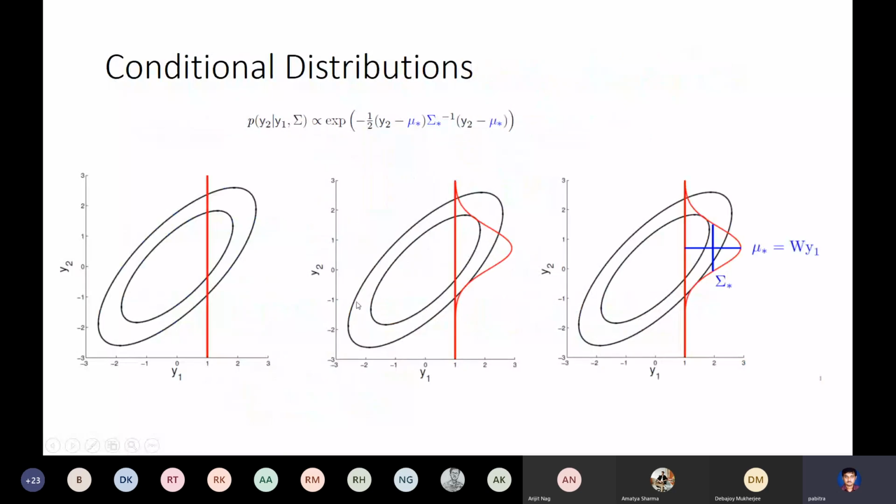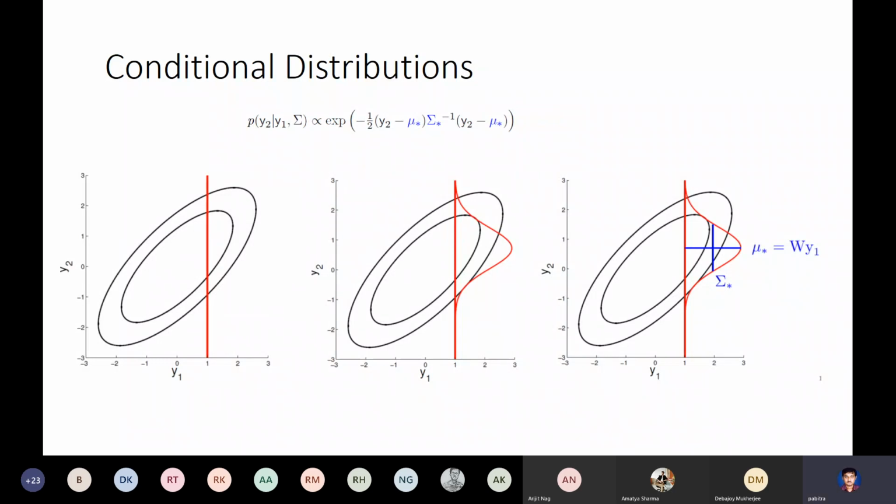Let us explain this with a simple case, and then I'll come back to the previous expression. Let's say xa is just a single variable, y1, and xb is a single variable, y2.